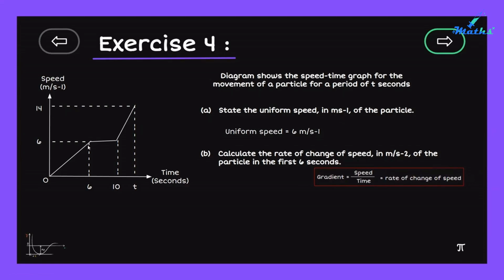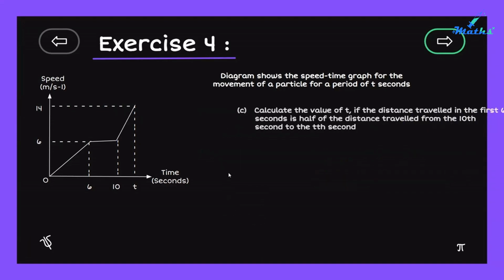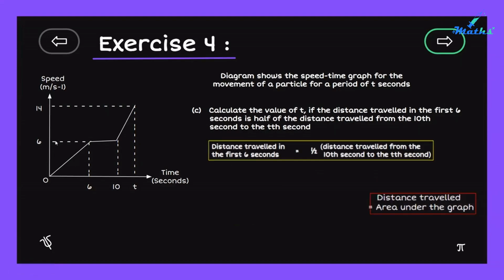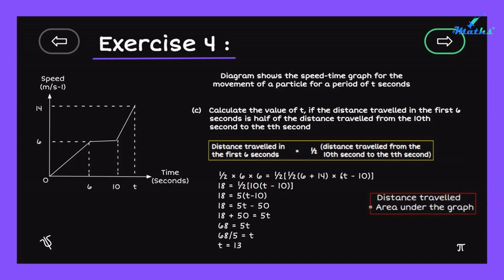So the speed 6 divided by the time 6 equals 1 m s^-2. And question C: calculate the value of t, if the distance traveled in the first 6 seconds is half of the distance traveled from 10 seconds to t seconds. So the area here equals 1/2 of the area here.